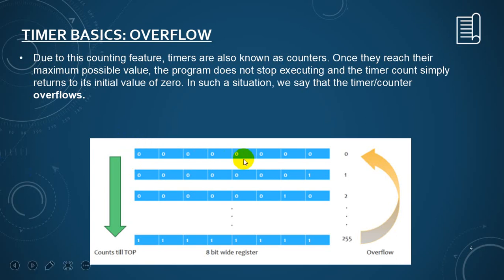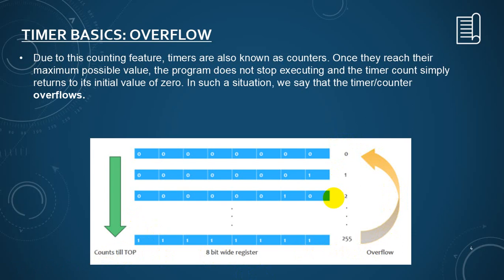Starting point 0, beginning. Then it counts 1, 2, 3, 4 up to 255 for an 8-bit counter. When it counts till the top, it overflows. When it overflows, it goes back to 0. Again, it starts counting. So with an 8-bit timer, you can count up to 256 steps or pulses.